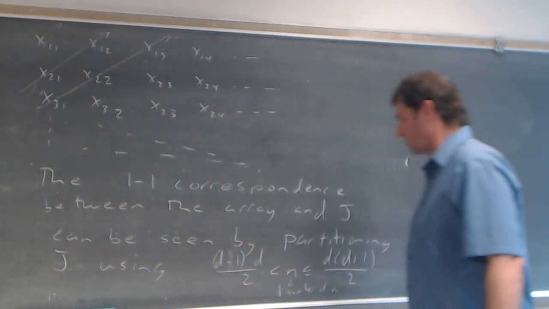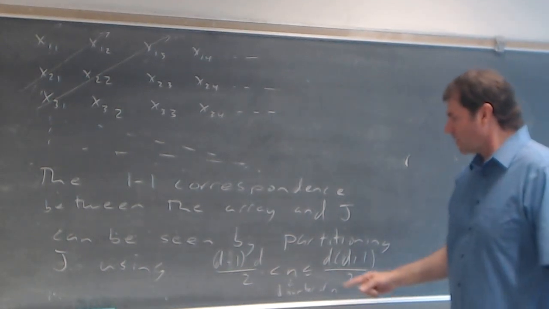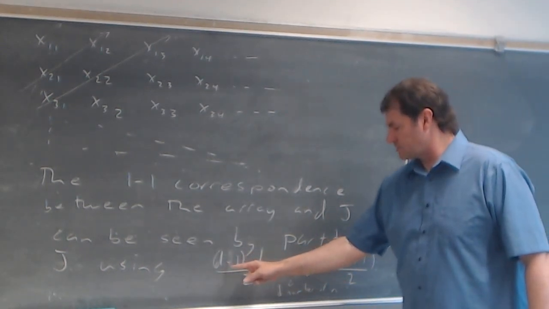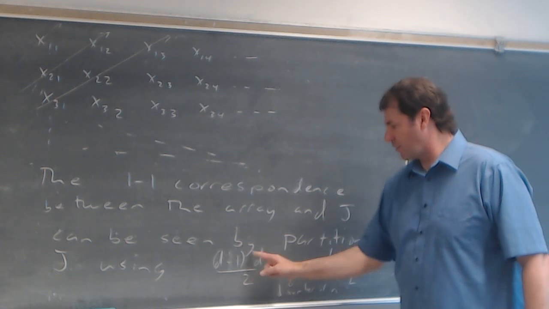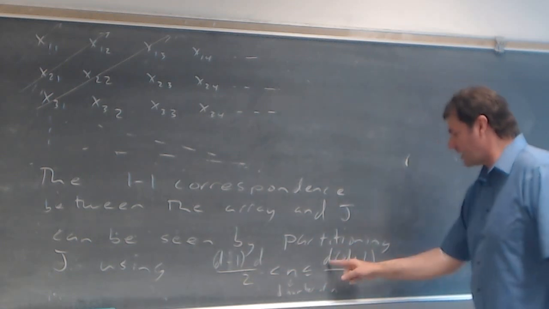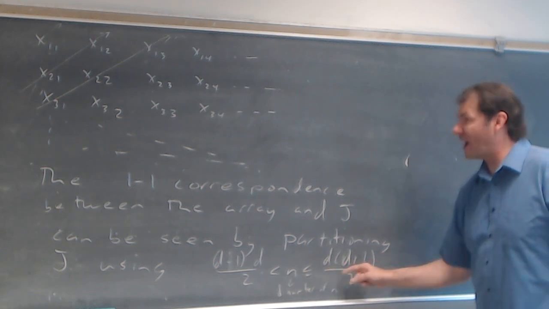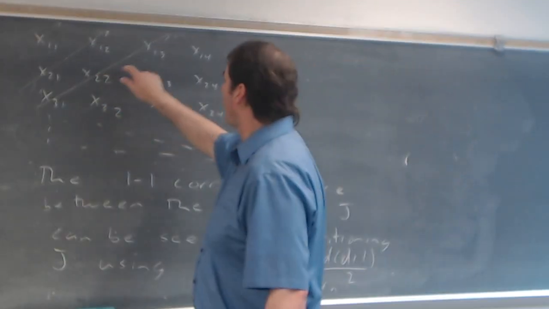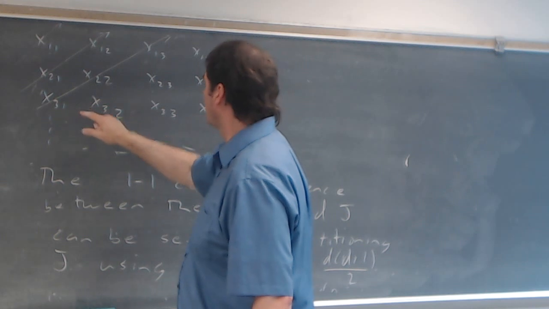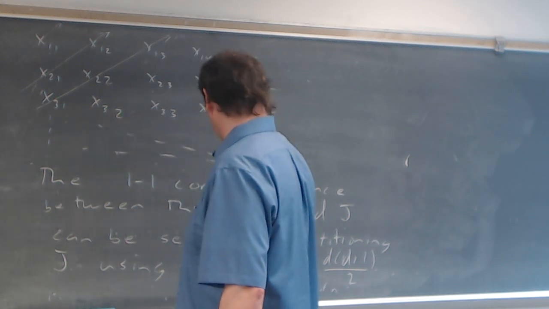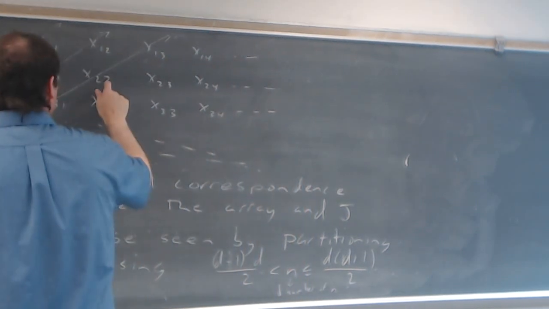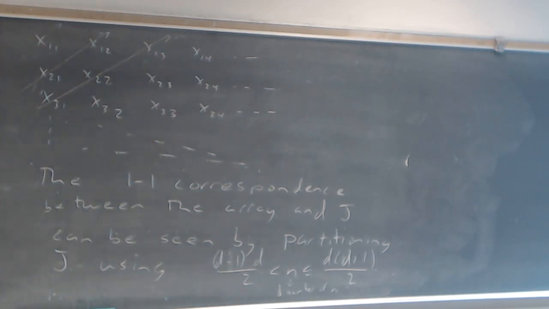Then for D equal to 3, and I'll stop belaboring the point, this is 3, N's got to be bigger than 3, and this is 6. So 4, 5, and 6. And that's the way we start labeling. So that gives you some idea of the correspondence.